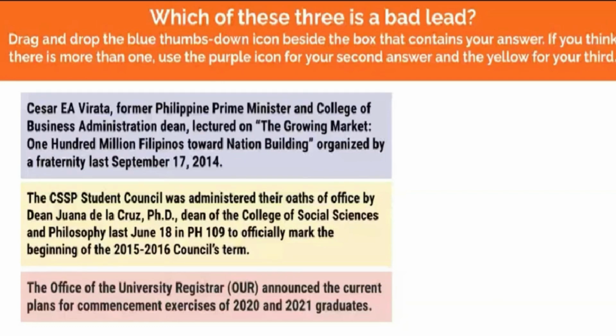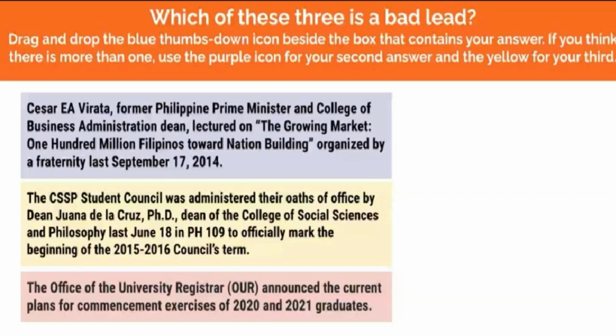And then second, this second paragraph natin is another calendar story, calendar news article. The writer should have interviewed the student council and discuss what usually happens in an oath taking. Okay? Parang yun dapat yung naging highlight ng news article na to para mas magkaroon siya ng impact doon sa magbabasa ng article mo. Alright?